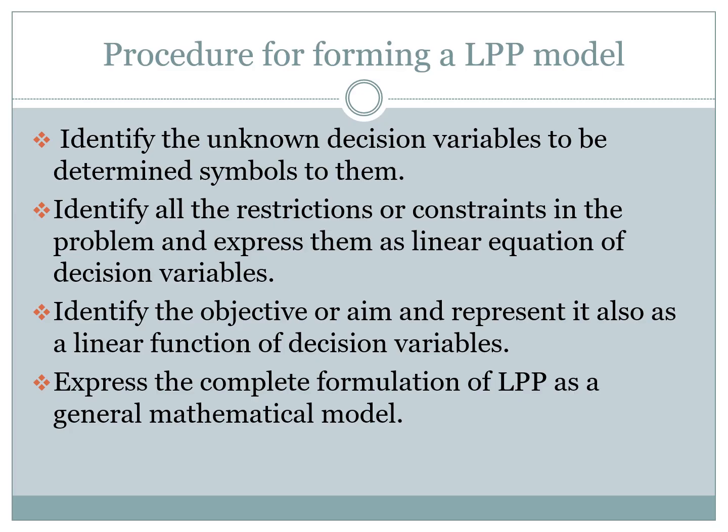The procedure for forming a linear programming problem model is, first, identify the unknown decision variables to be determined and assign symbols to them. Second, identify all the restrictions or constraints in the problem and express them as linear equations of decision variables.